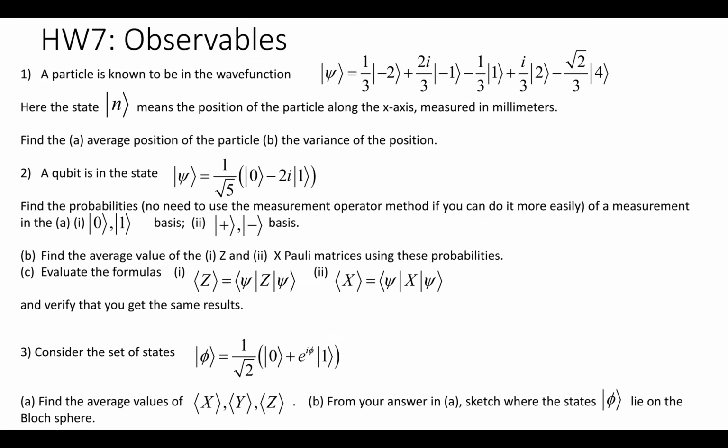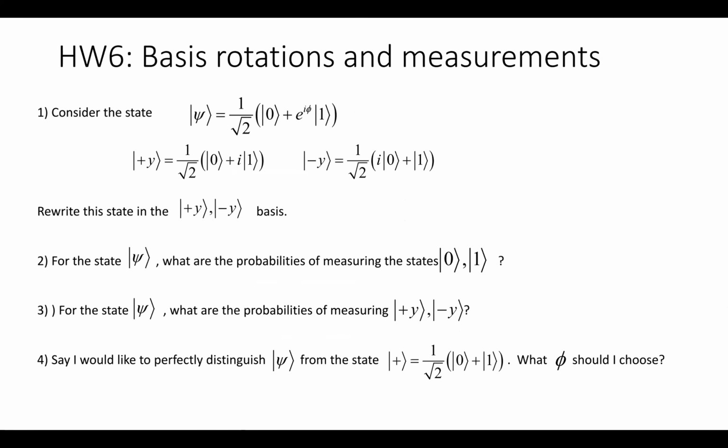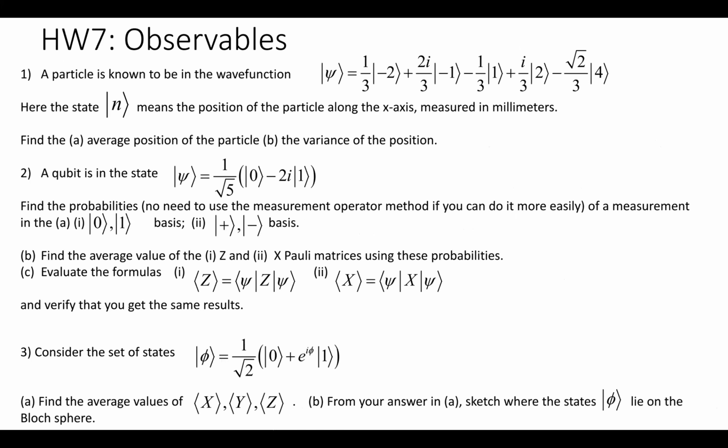So in homework, say 6, we do things like the basis rotation stuff, so rewriting these states in terms of different bases. That's quite an important skill you need. Observables: what you'll need to do here is calculate these expectation values given this kind of formula, normalizing the states, and so forth.